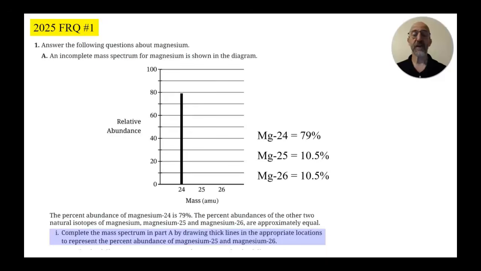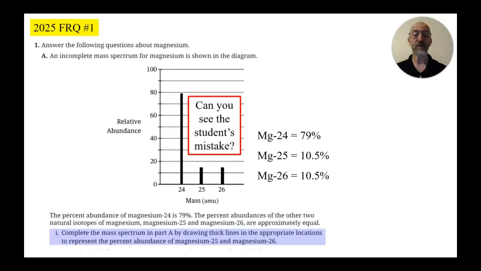So in this video, I will show you lots and lots of examples of incorrect student responses. I will explain why that particular response is incorrect, and hopefully at the end of this lesson, you'll get really good advice about how to avoid making those types of mistakes when you take the free response section of the AP Chemistry exam. So we know that we have to draw 2 lines for 10.5%.